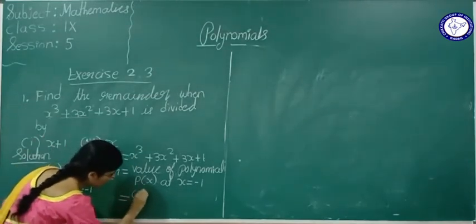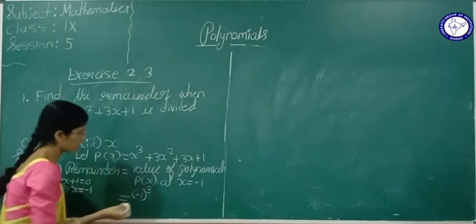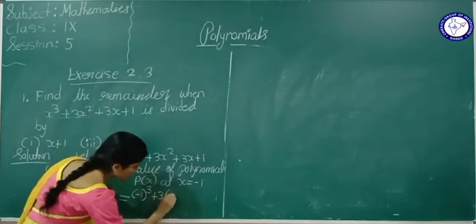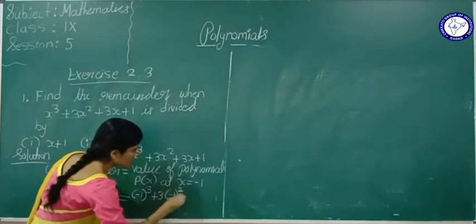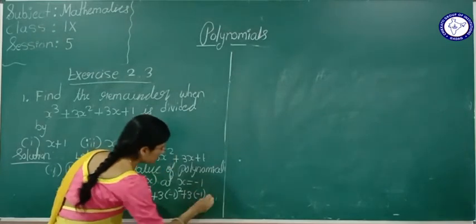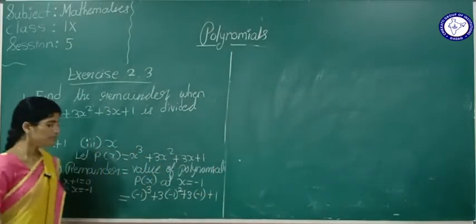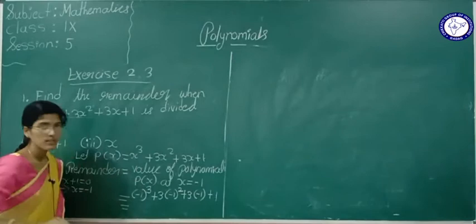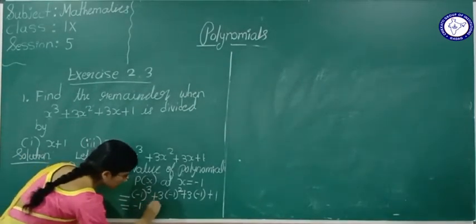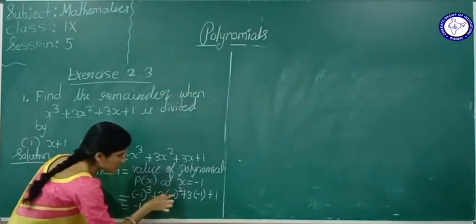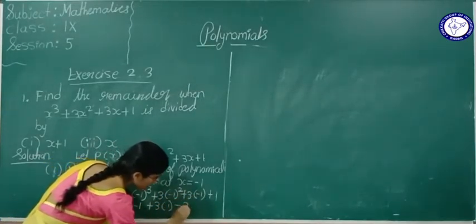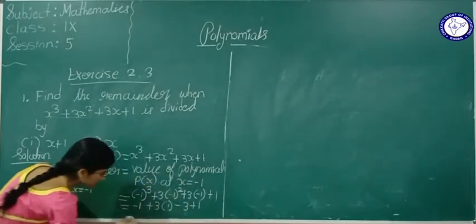Minus 1 raised to 3 plus 3, here x is minus 1, the square, plus 3 multiplied by minus 1 plus 1. Now see here, minus 1 multiplied 3 times is minus 1, plus 3 times minus 1 multiplied 2 times is 1, plus minus is minus 3 plus 1.